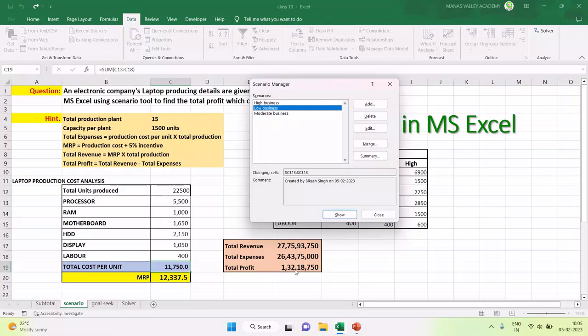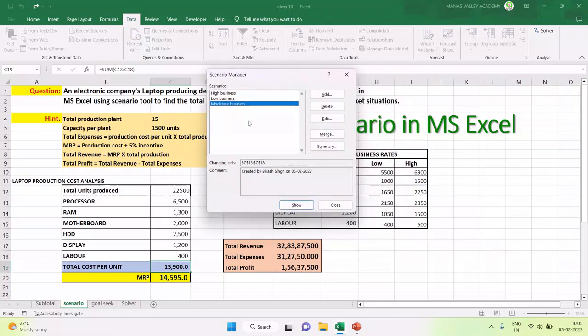In case of moderate business, again click on the show button and it will show the moderate business situation: this much is MRP, this is the total revenue, this is the expenses, and this is the profit.